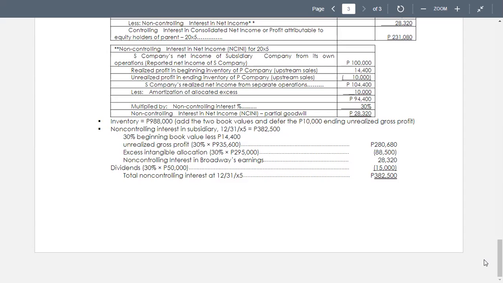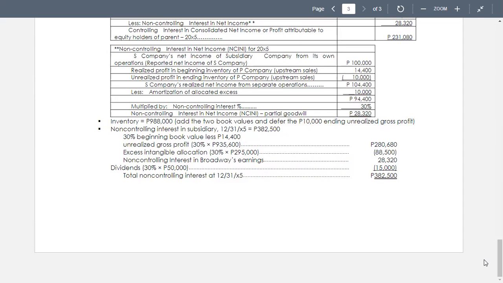We have the customer list amortization. The list was not recorded in the books, and take note that we have the unrecorded list amounting to 65,000. As stated, SS developed the customer list worth 65,000 unrecorded in its accounting records and it has a remaining life of 5 years.